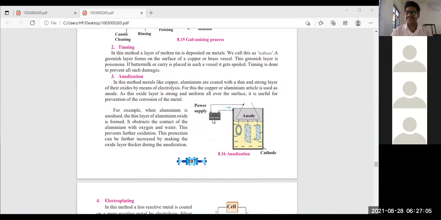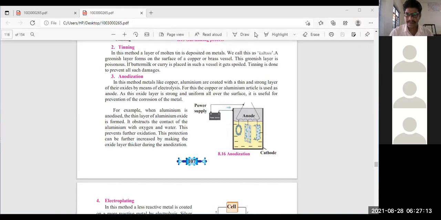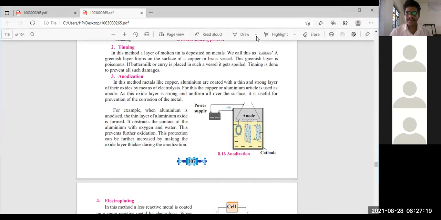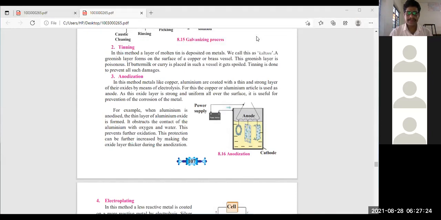Now anodization. What is anodization? With the help of anode and cathode. You know anode and cathode, yes or no? Who will tell me about anode and cathode?